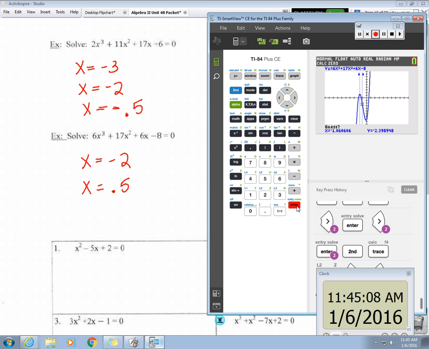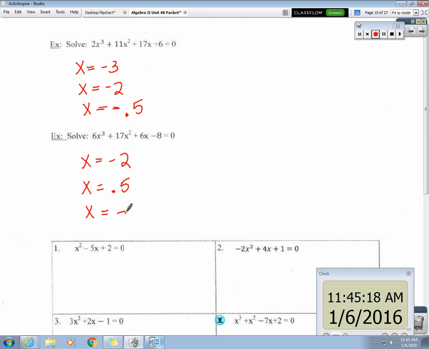And then once I've done both and it says guess, I hit enter one last time. And it lets me know that that intersection, or that 0, is at negative 1.33. Okay, so the front of this worksheet, you'll just graph them and they'll all be nice whole number intercepts. The back, you'll have to use second trace, 0.